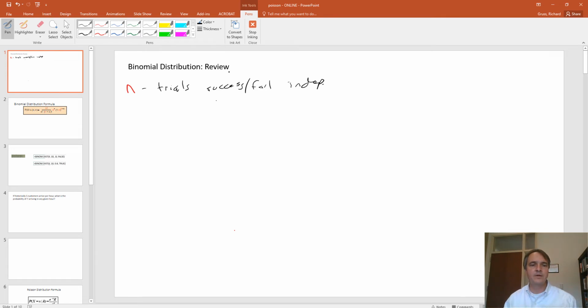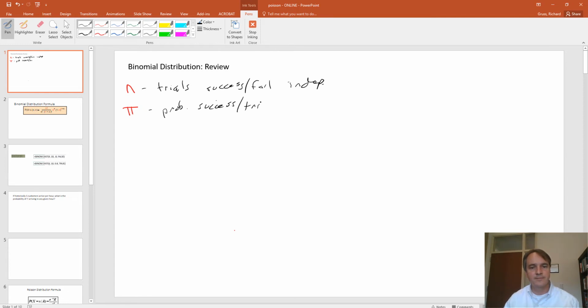So if we can frame the problem in terms of a sequence of trials that are independent and where each one succeeds or fails, and we also have a probability of success for each of those trials.